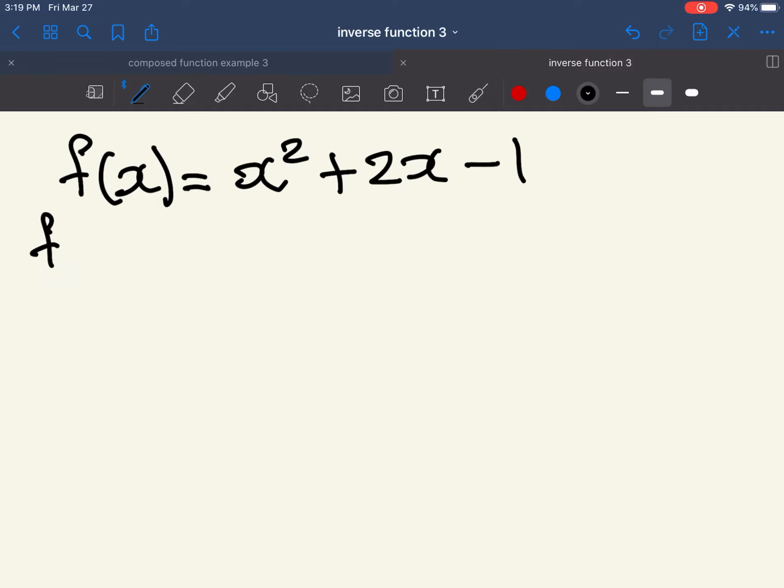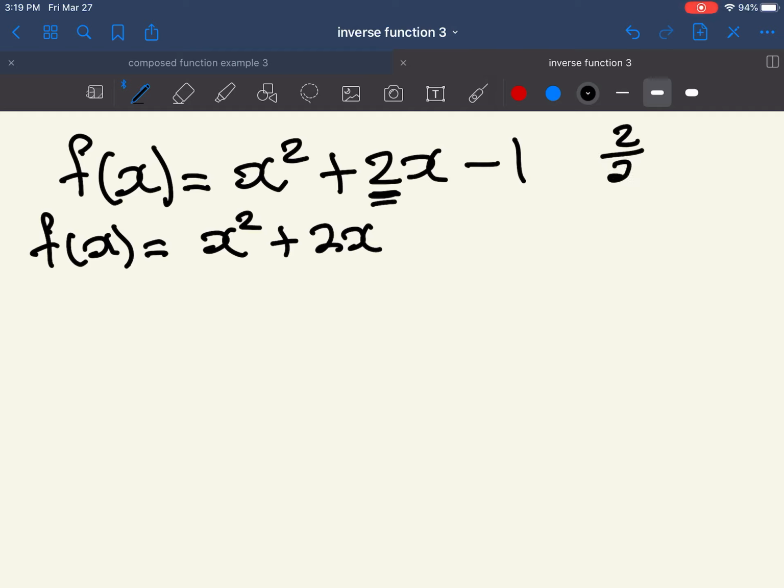What I'm going to do: f(x) equals, you have x squared plus 2x, and to complete the square, you divide 2 by 2. That is going to be 1, and 1 squared is 1, and now you add 1 and subtract 1. If you add 1, you need to subtract 1.